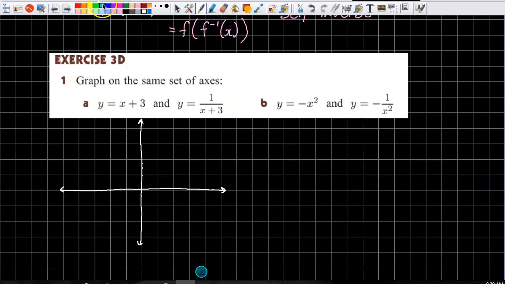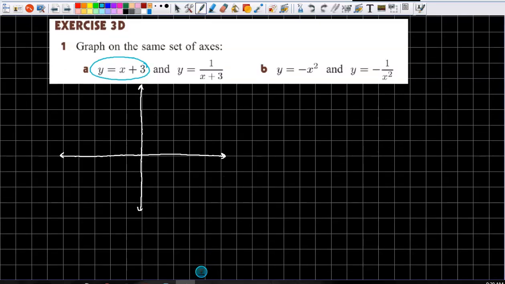Okay, so we're going to start with our friend here. Y equals x plus 3. You know it's linear, correct? And the easiest way to graph a linear function is to just get two values. I would say your x and your y-intercepts in this case. So you can see here, what's my y-intercept? 3.